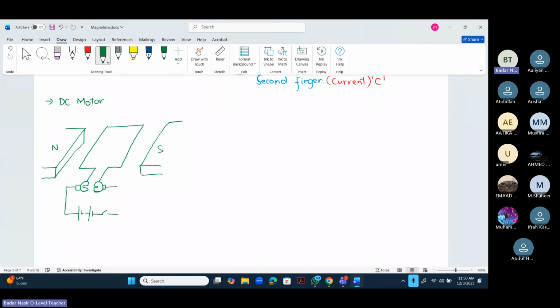We call it a DC motor because we supply it DC current. हम ऐसे DC AC current नहीं दे सकते. ठीक है? अच्छा, so that these two are the split ring commutators.